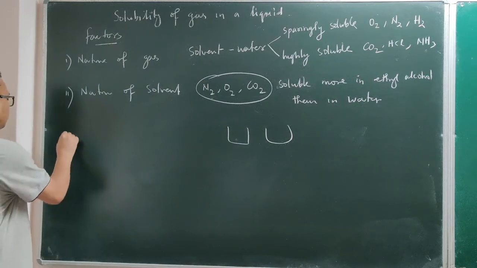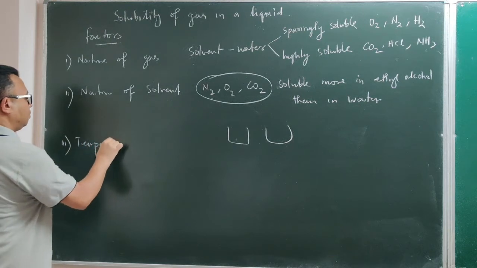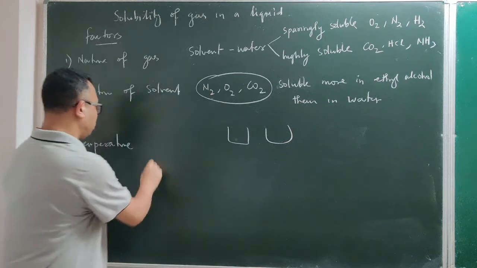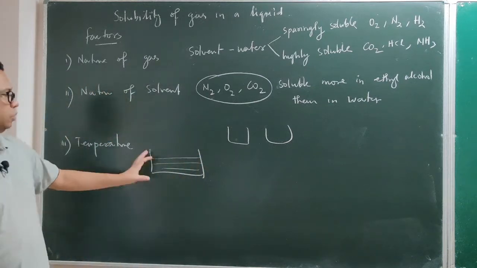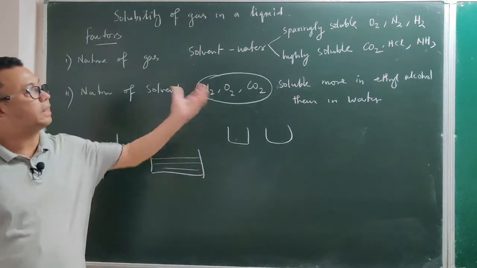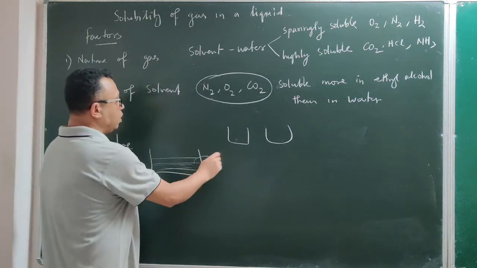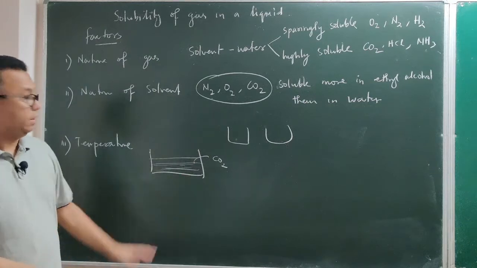Now the third factor is temperature. Generally speaking, if I am talking about one solvent, water, the most common, and suppose a gas is dissolved in this water, it can be carbon dioxide, oxygen, HCl, ammonia, any gas. Suppose a certain quantity of carbon dioxide is already dissolved under normal conditions.